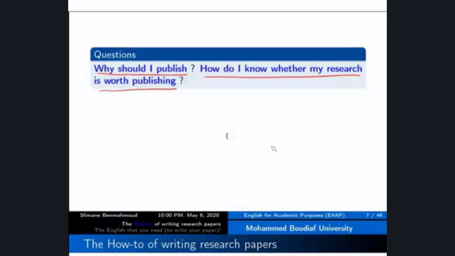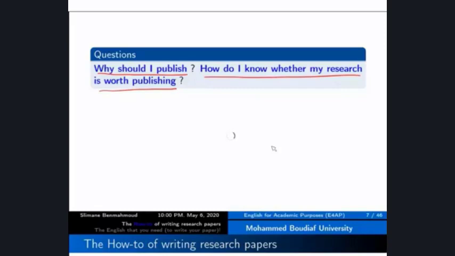Also, which is an interesting point, some publishers offer a similar service. What does this mean? This means like Springer and Elsevier, they provide a service to help you choose the right journal where you should publish your paper. This journal should belong to one of their databases. You will get a window where you enter the title of your paper, the abstract, and some of the keywords of your research.